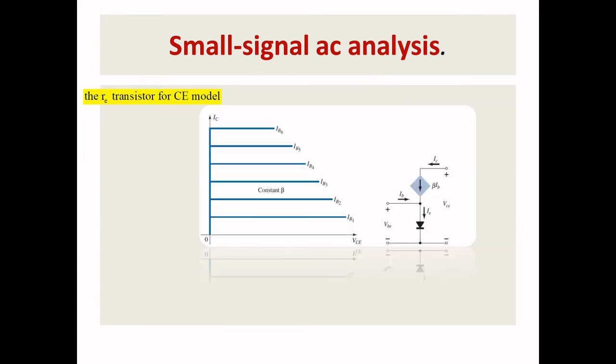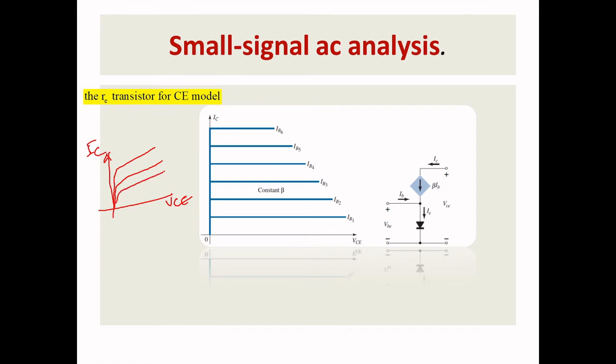so now you can see the IC was represented by beta times IB. Okay, you can see here in the common emitter configuration, approximately, the diagram for common emitter configuration will be like this: IC versus VCE. Okay, so your representation will be something like this.